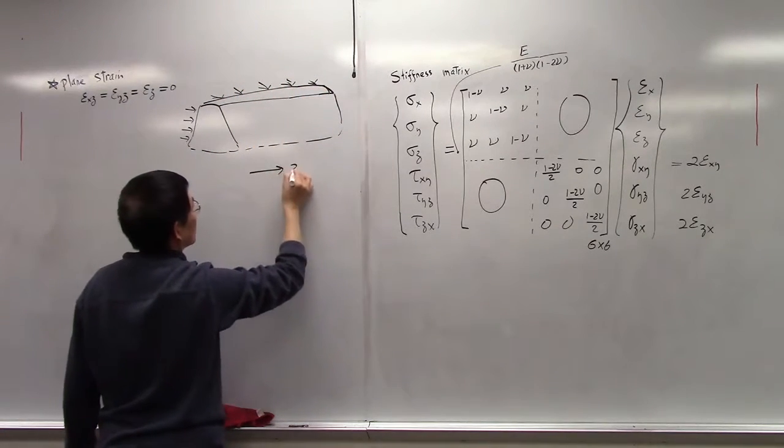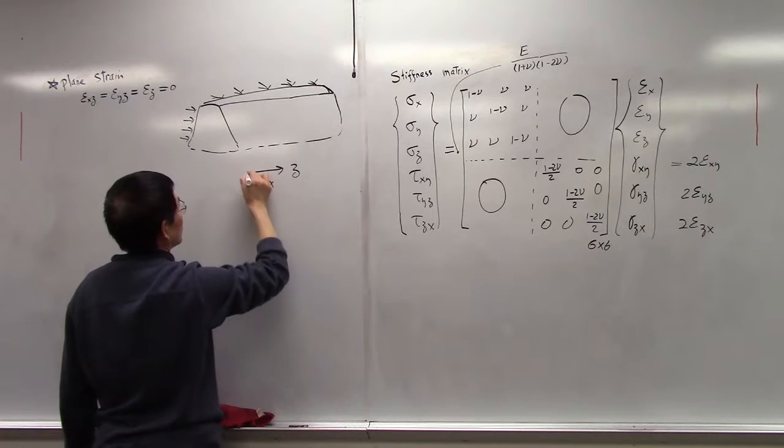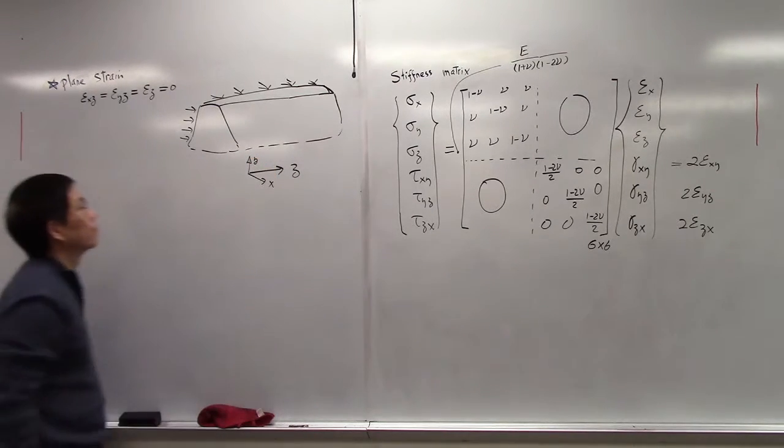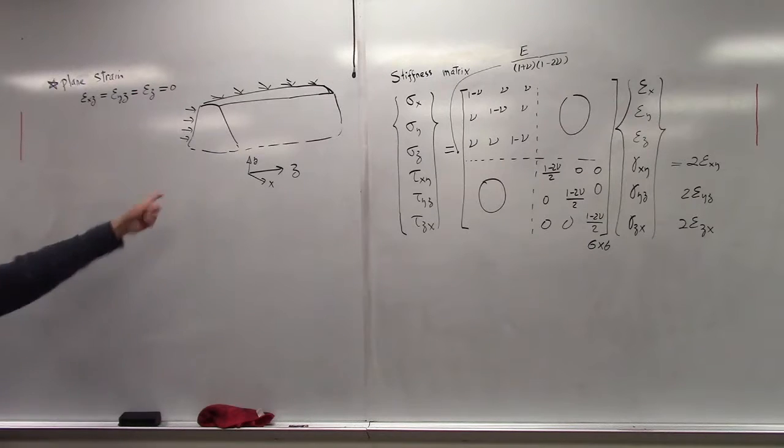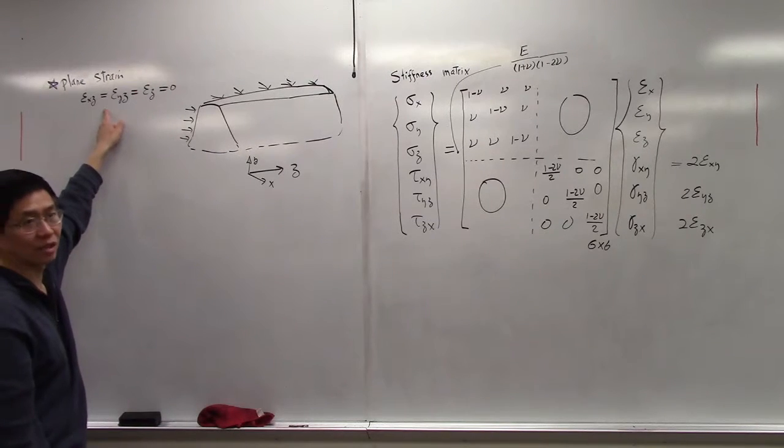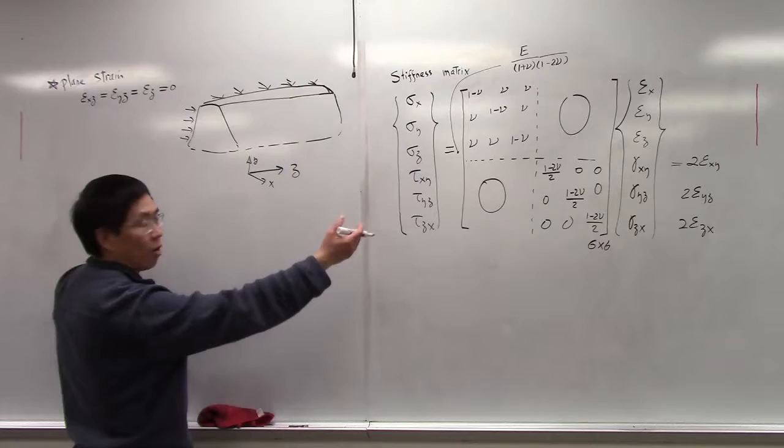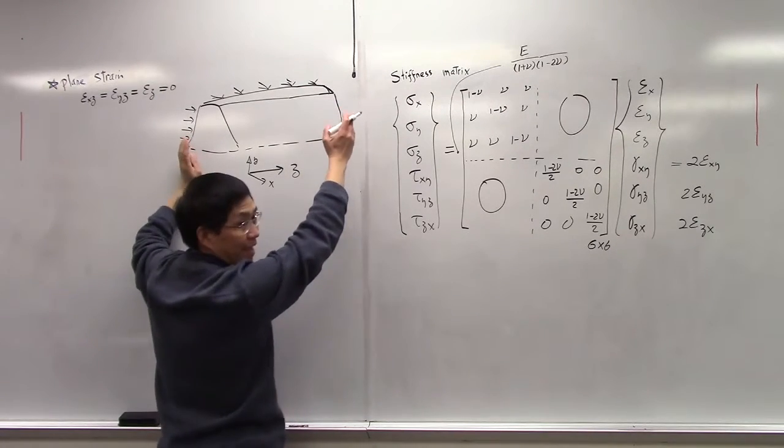This is the z direction, this is the x direction, this is the y direction. In a case like that, you have a plane strain situation. These things are very, very long. The two sides are fixed.